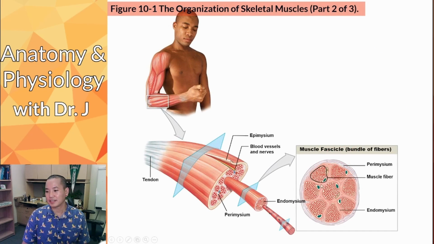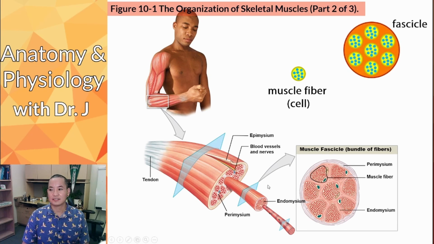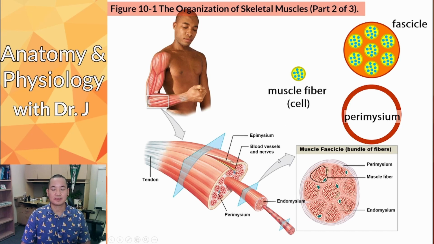Now over here we have multiple muscle fibers. In this image we have 1, 2, 3, 4, 5, 6, 7, 8. So 8 muscle fibers, and they're held together in another bundle we call a fascicle. A fascicle has multiple muscle fibers, and these are individual cells that all have their individual endomysium, but around every fascicle we have something called a perimysium.